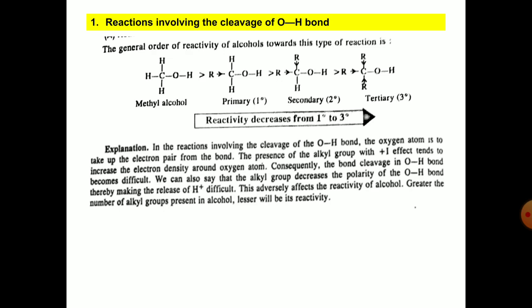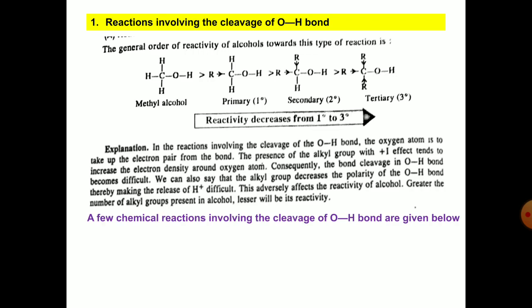Consequently, the bond cleavage in the OH bond becomes difficult. We can also say that the alkyl group decreases the polarity of the OH bond, thereby making the release of H+ difficult. This adversely affects the reactivity of alcohol. The greater the number of alkyl groups present in alcohol, the lesser will be the reactivity.